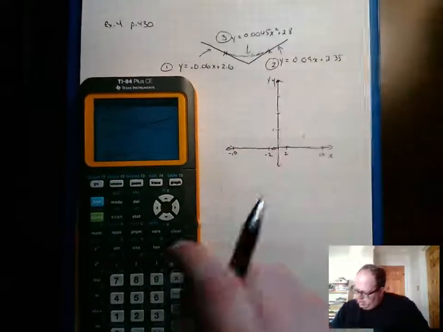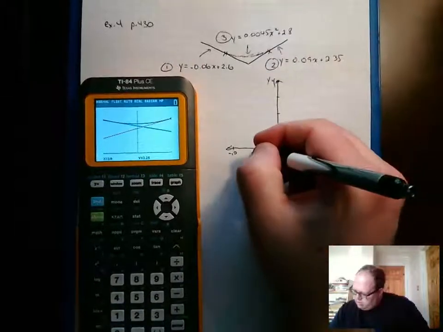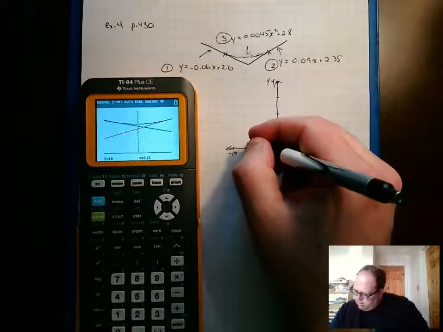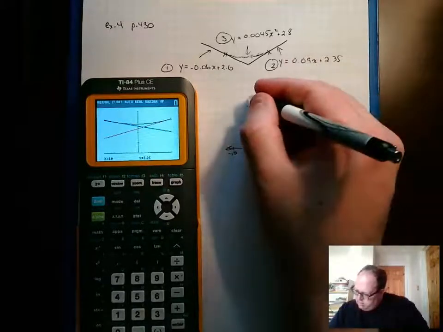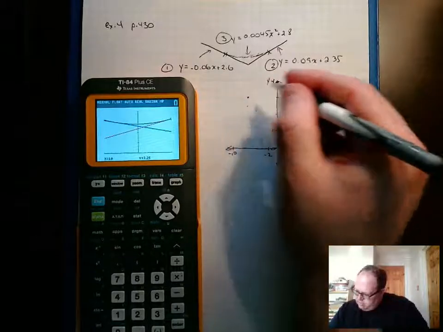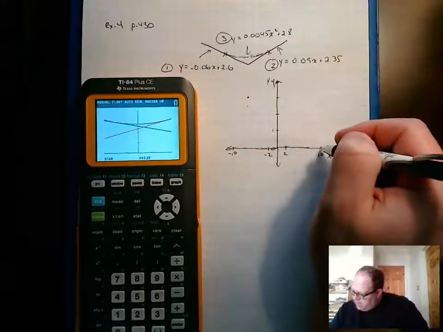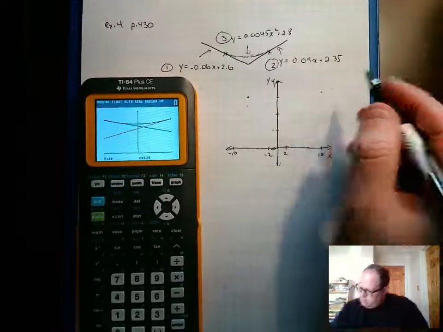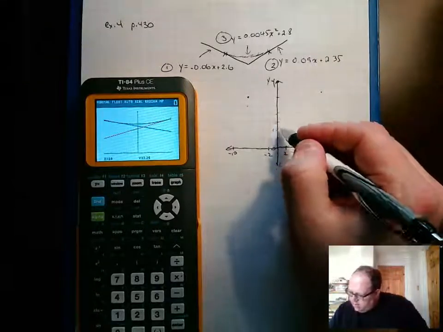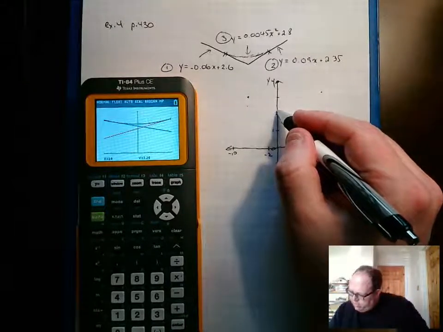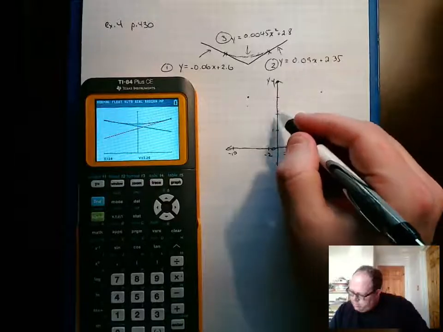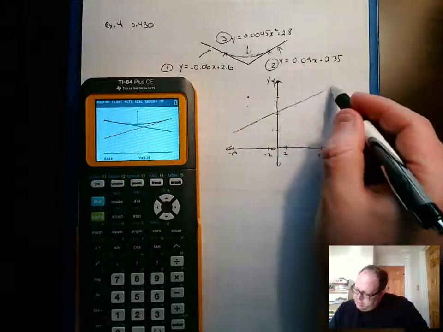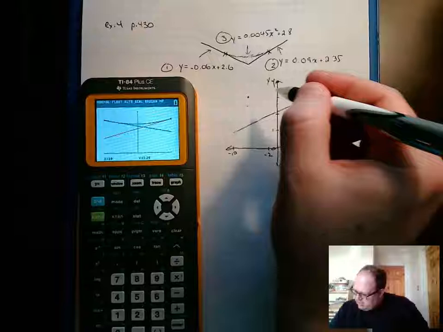I'm estimating my intersections at -6 2/3 and 3, which is up here, and at 10 and 3.25. And at this point we can just roughly estimate from our graph where things are. And my first line, well, that's my second line, I guess.